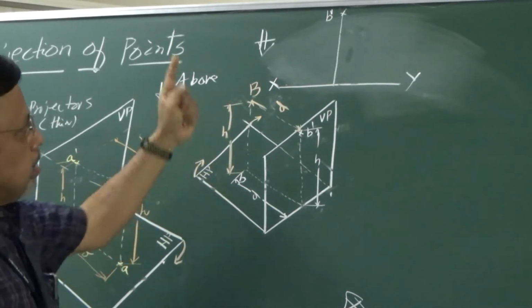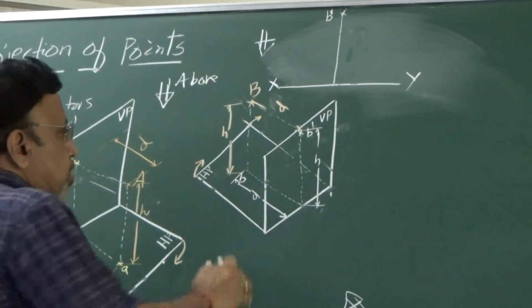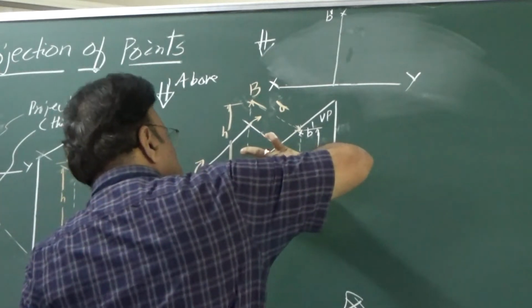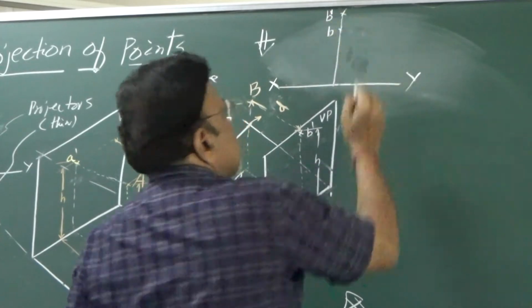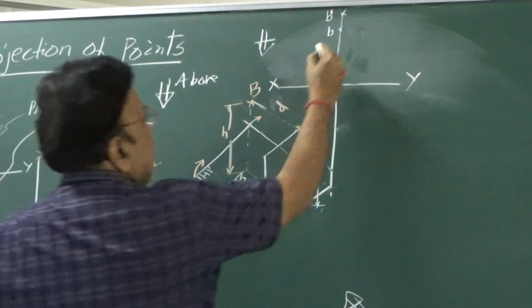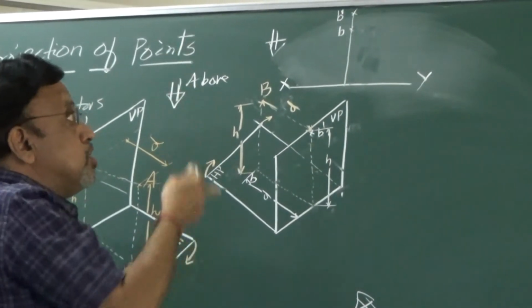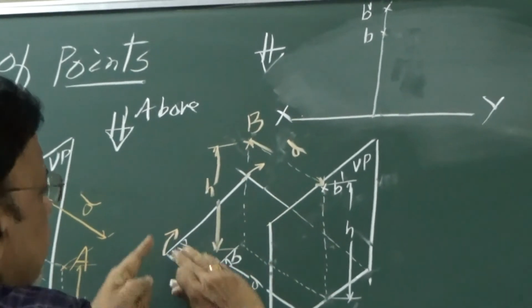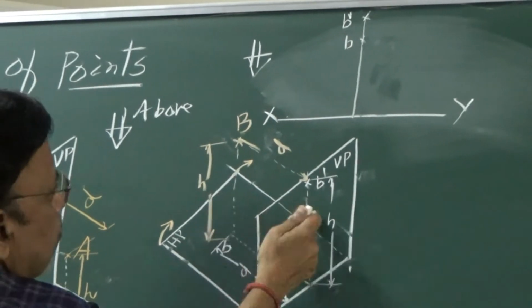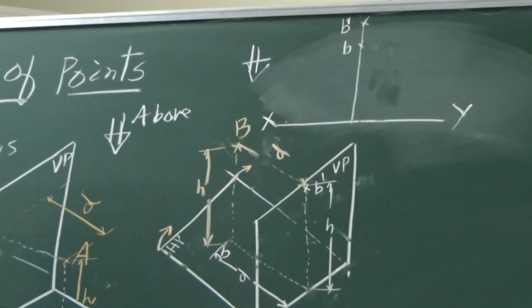Then B. So where do you get B? B will also come above XY, right? By what distance? By distance D. Let us say I am going to get D somewhere here. Is it okay? Then I told you that the line joining B dash and B should be on the same projector. That is the reason even if I rotate, this line will coincide with this projector itself.